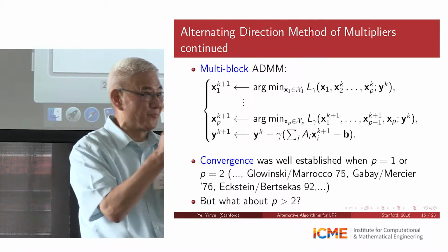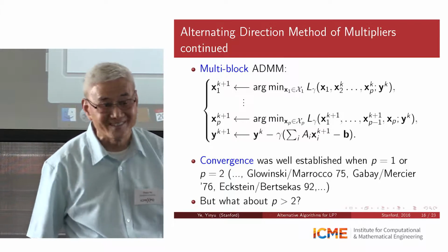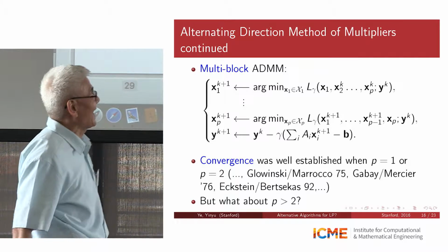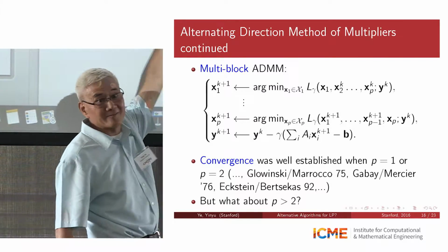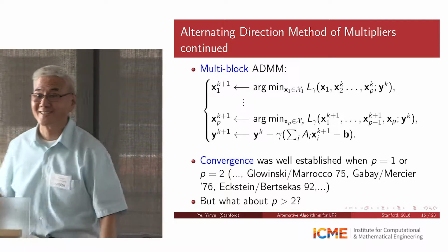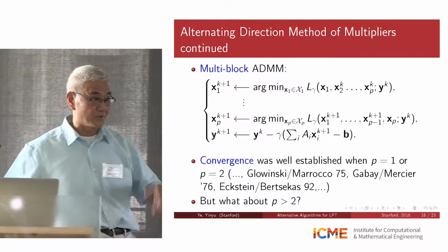I want to be able to break into more, 1,000 blocks, 1 million blocks. So for quite some time, people didn't know how this algorithm works if the number of blocks is more than two. People guessed it should work.